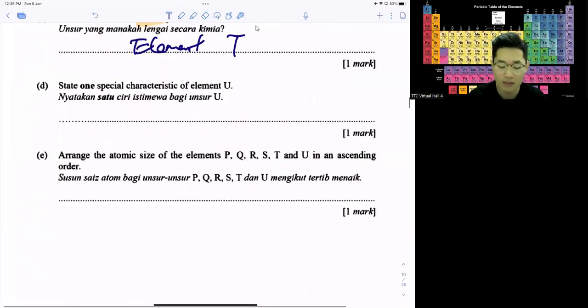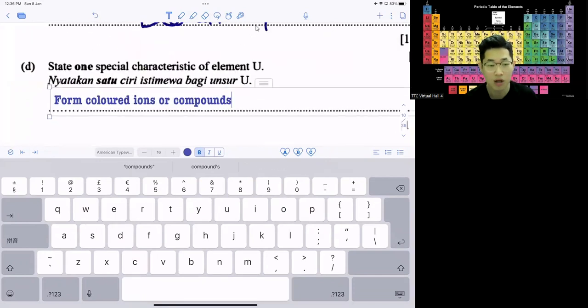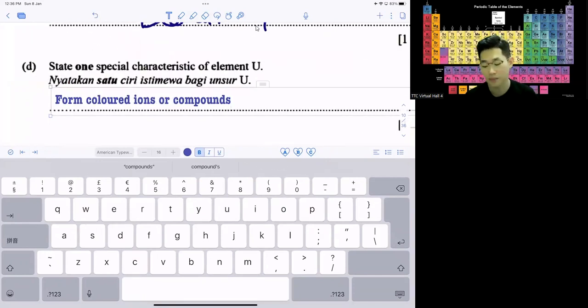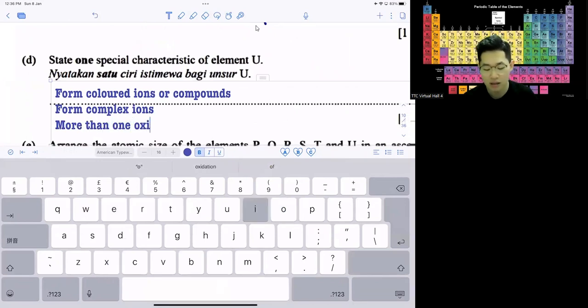一定要知道 transition element has 4 special characteristics. The first one is they can form colored ions or compounds. 就是它可以形成有颜色的东西. They can form complex ions. They have more than one oxidation number.